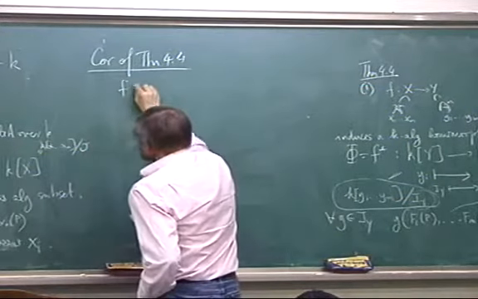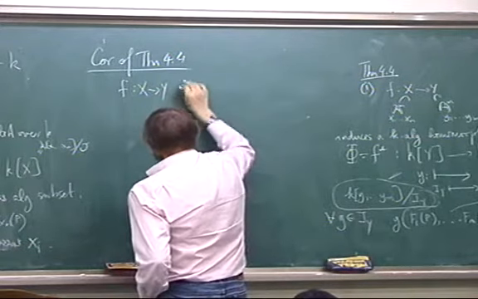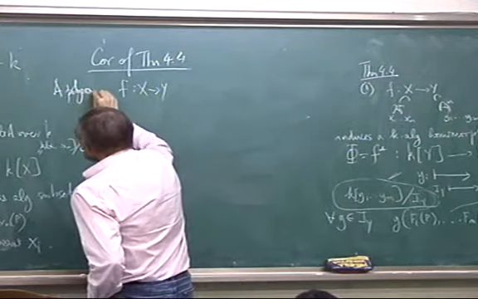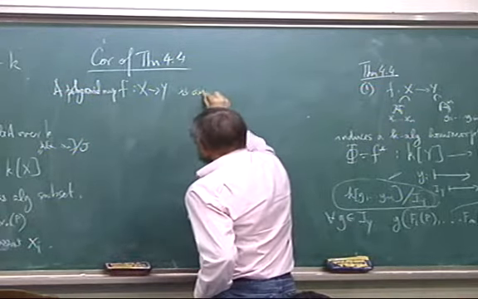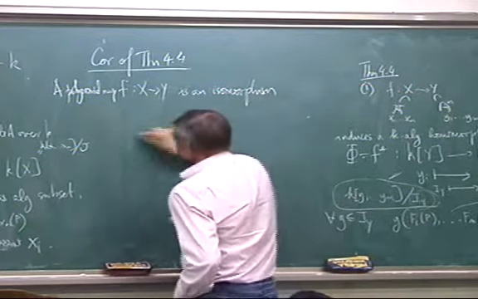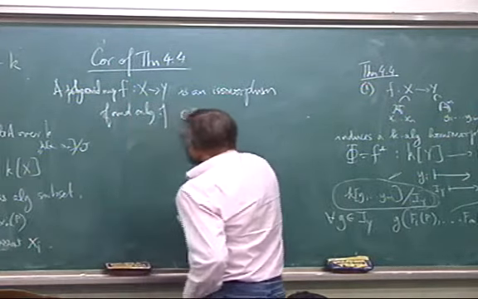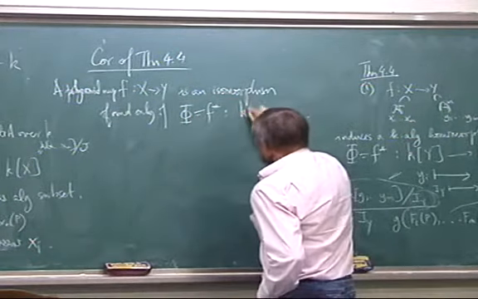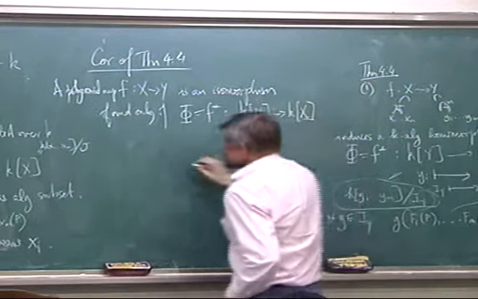If I've got f from X to Y, a polynomial map, then f from X to Y is an isomorphism if and only if phi, which is f upper star, from K of Y to K of X, is an isomorphism.